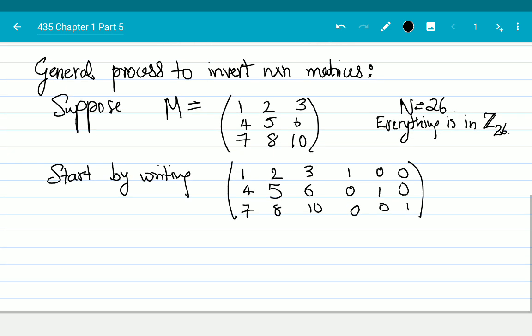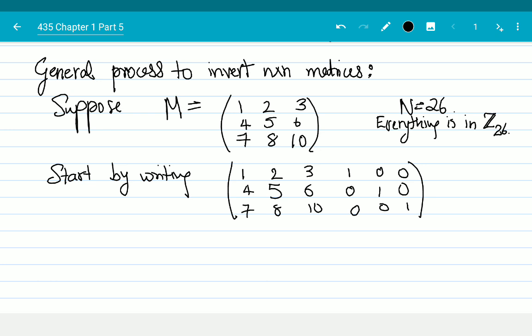Okay, and then the idea is you want to reduce the first three columns to what is in the second three columns. So you want to reduce the first three columns to 1 0 0, 0 1 0, 0 0 1, and whatever is on the right hand side is actually your inverse.